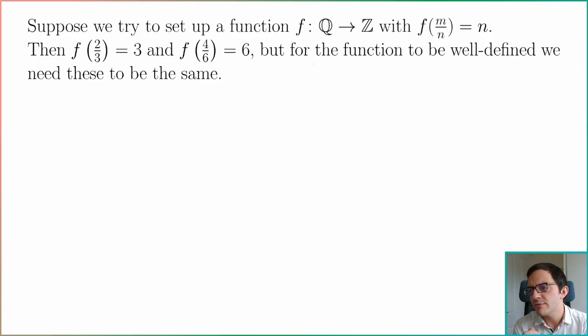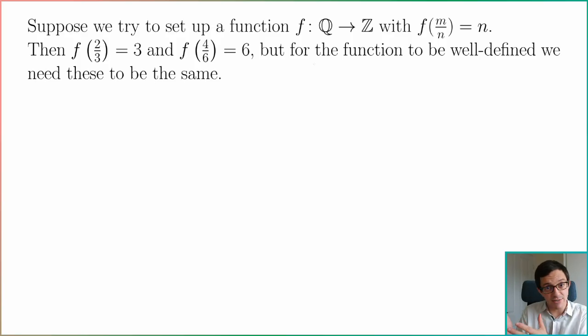Or we could fix it in the function by saying, okay, you might show me m over n where they have some common factor, but my function should allow for that by converting the fraction down to something where I suppose it's n divided by the highest common factor of m and n.